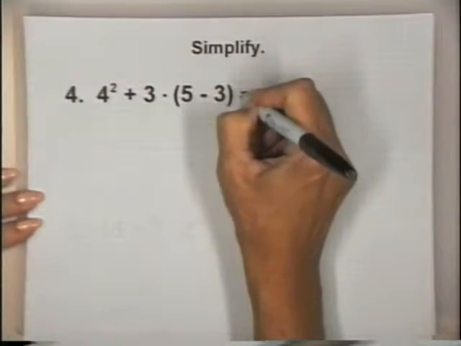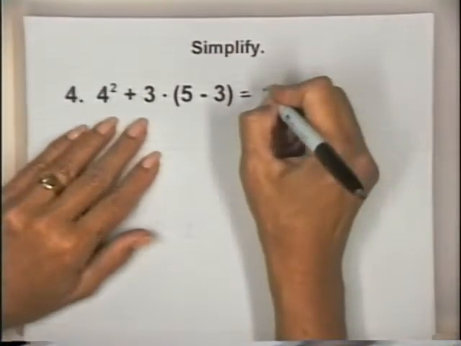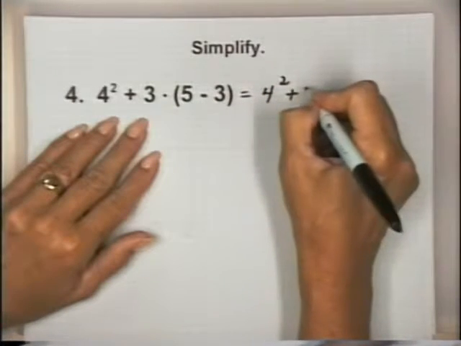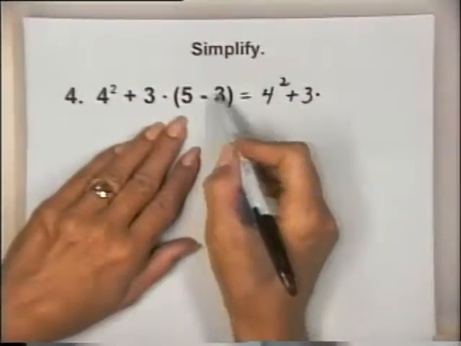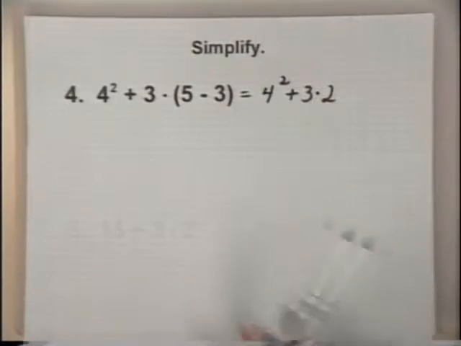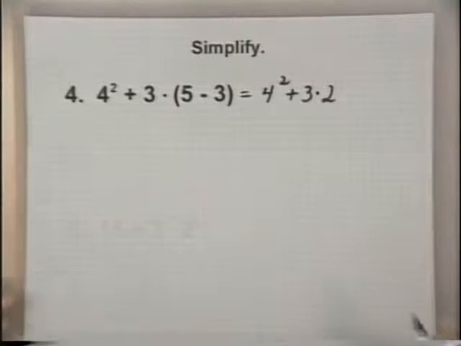So following our rules of order, we know to perform operations in parentheses first. Let's write the 4 squared plus the 3 times, and let's say 5 subtract 3 is 2. Since we have performed the operation in the grouping symbols, we no longer need those grouping symbols.